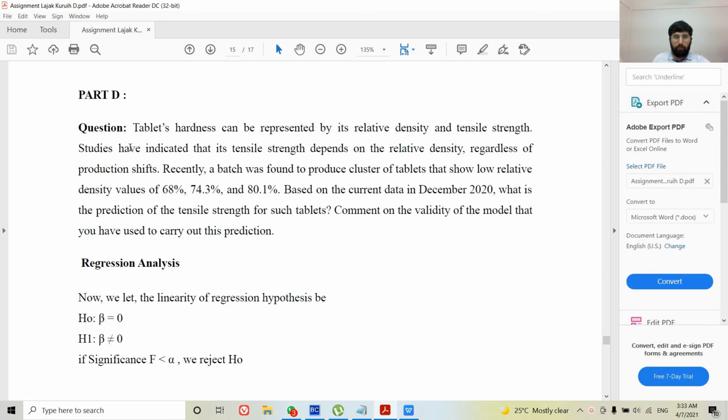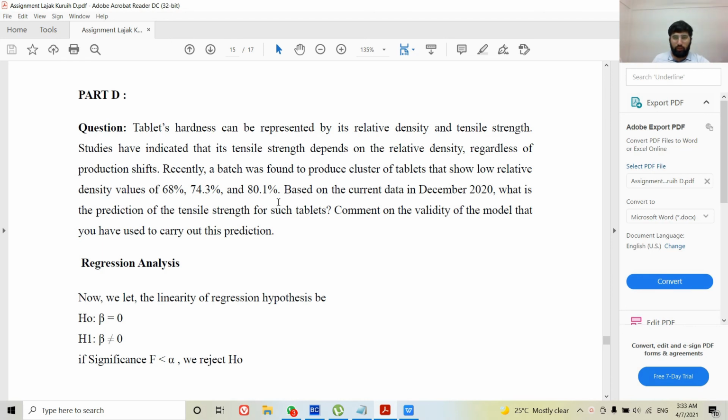So in this part, as we see, the question gives some information about the batch that produced a cluster of tablets showing different relative density values, 68, 74, and so on.